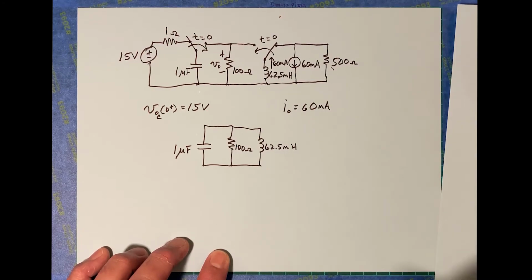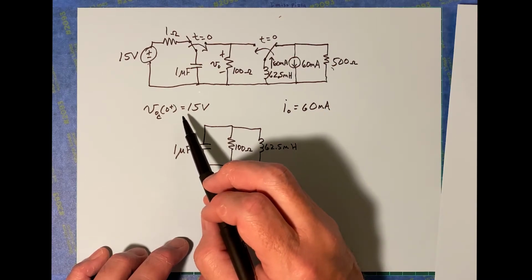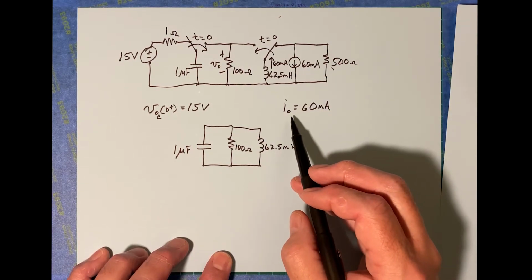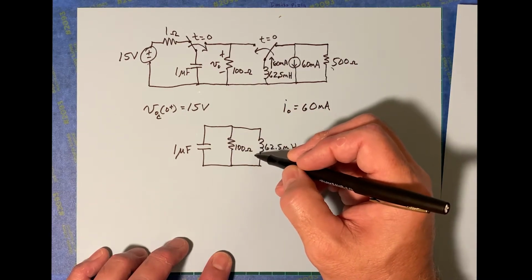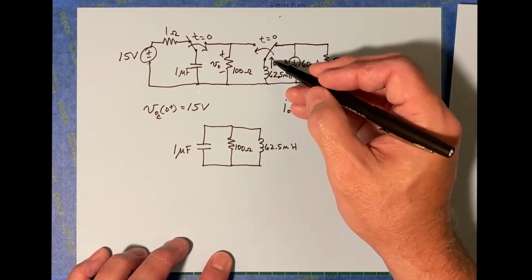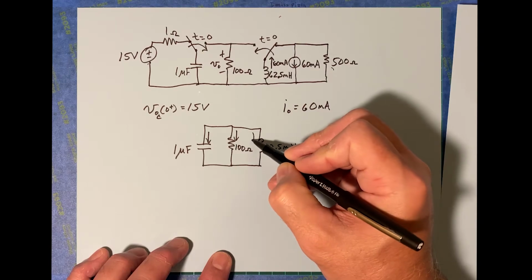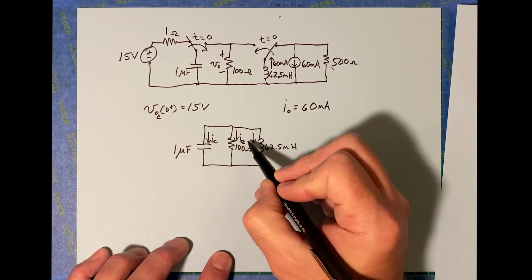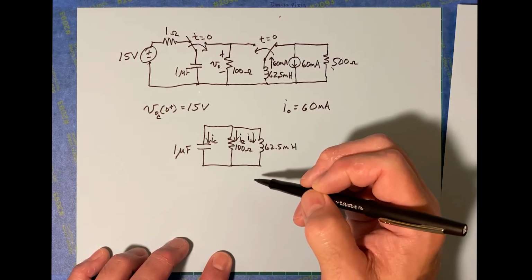Now the initial conditions then: 15 volts, I sub L. Let's talk about this I sub L. We drew the I sub L going upwards here, but when we worked our problems and we were talking about how the currents leave that top node, we said that's I sub C and that's I sub R and this is I sub L. We had I sub L going in that direction.